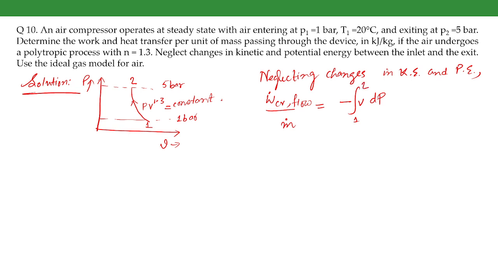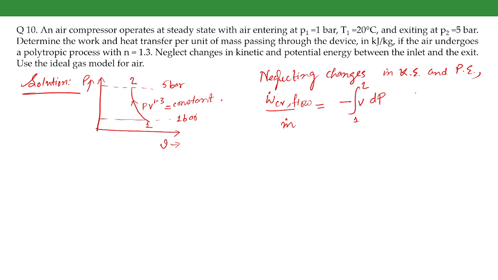This is the expression for flow work for a flow process, if we neglect the changes in the kinetic and potential energies. Whereas for a normal displacement work in a closed system, the work done is integration of p dv.